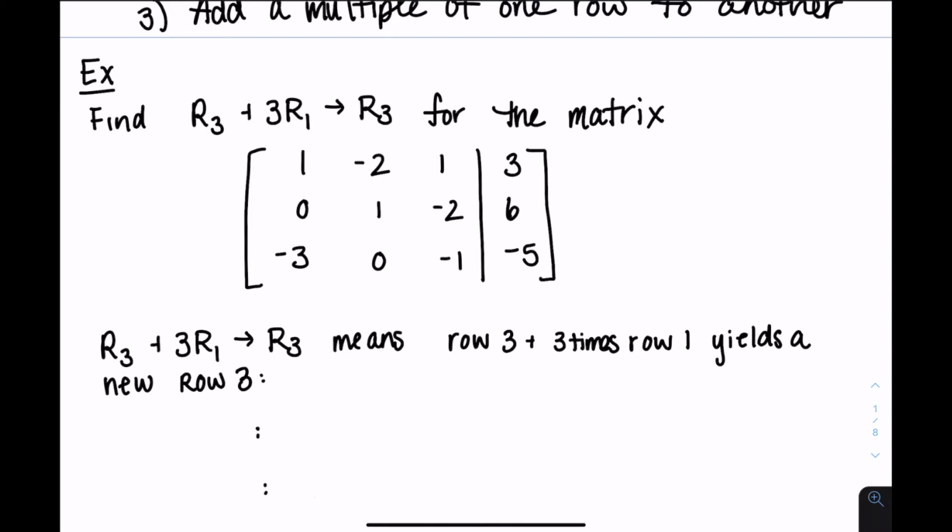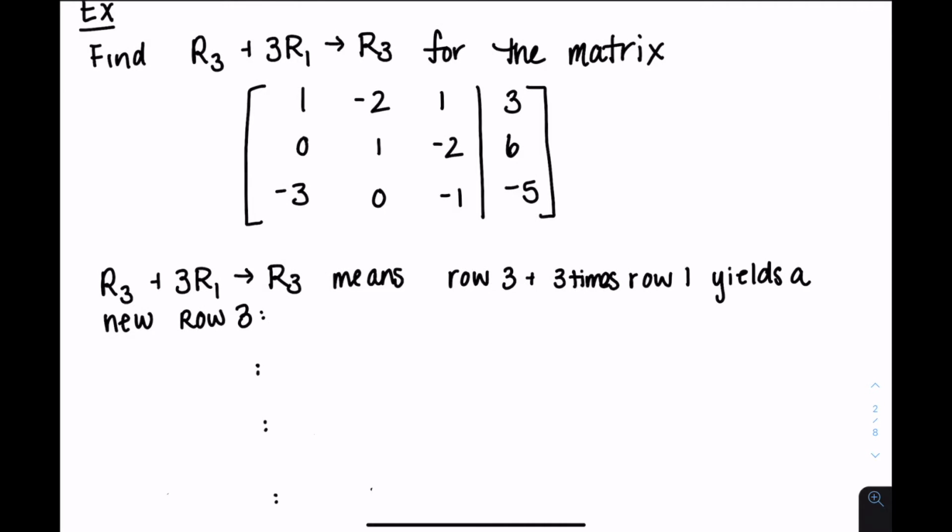It can be tedious, and it's very easy to make a small algebra error in these matrices. So when you're starting out, I wouldn't recommend doing this in your head. I'd recommend writing things off to the side. So I'm going to take row 3, find 3 times row 1, and add these together to create my new row 3.